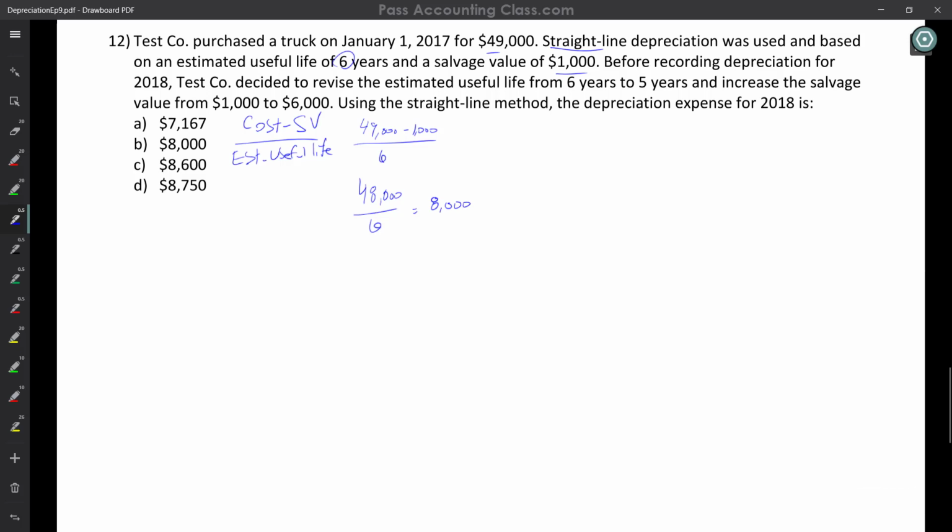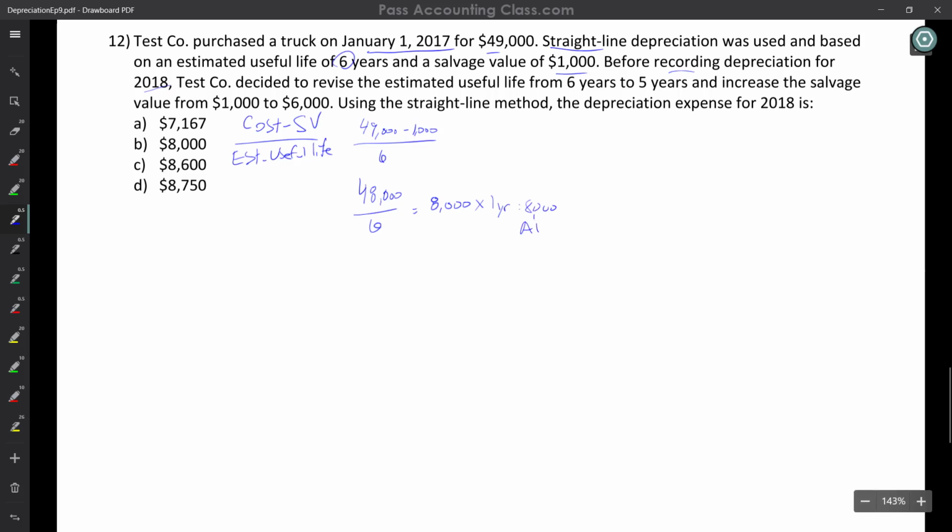We need to count the years. We started in 2017, and then it says before recording the depreciation for 2018. So that means we didn't record the depreciation in 2018, but we did record it in 2017. So we really have this 8,000 times 1 year. And then that's going to be 8,000.